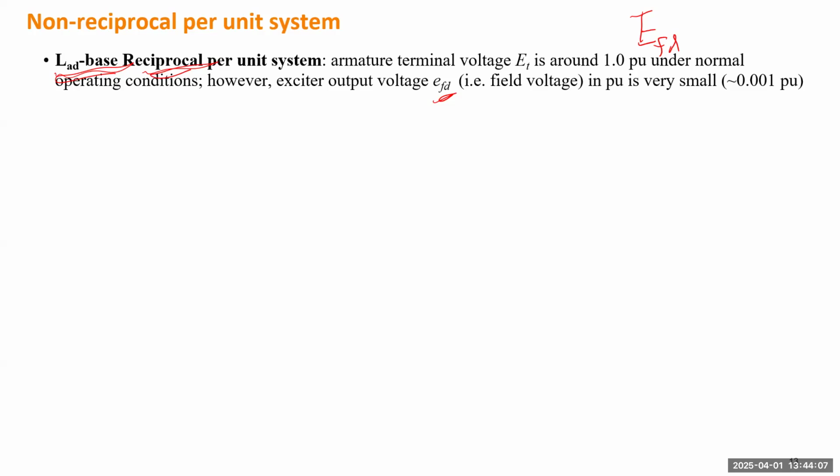But in that differential equation for the generator, the exciter output voltage, the lowercase EFD, will be very small, around 0.001 per unit. You may think that's not a big deal, right? You can just multiply it by some number. But when you simulate a lot of generators using a computer, each computer has some precision level, and when you get close to that level, the accuracy will decrease.